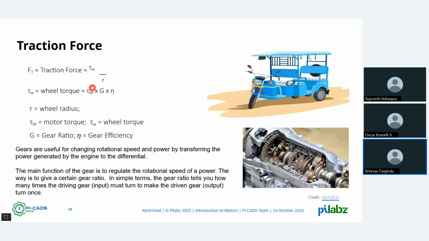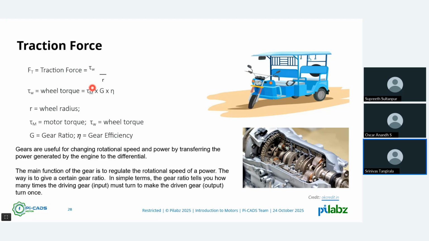The electric motor will be somewhere inside the vehicle chassis, and that rotary motion has to be transmitted to the wheels, right? So that uses a gear. Depending on the gear ratio, that is, how fast or how slow the vehicle has to go, the wheel torque depends on the gear ratio and gear efficiency.